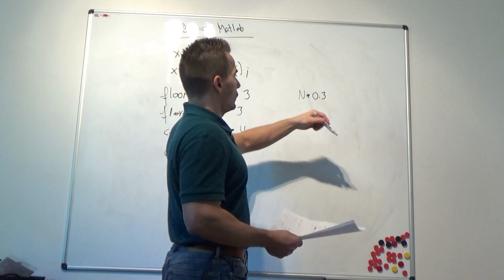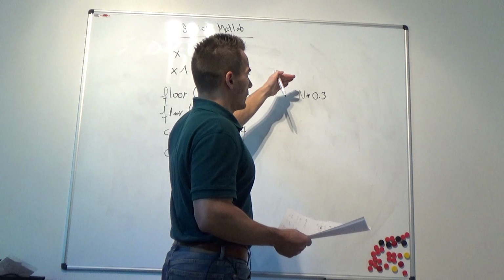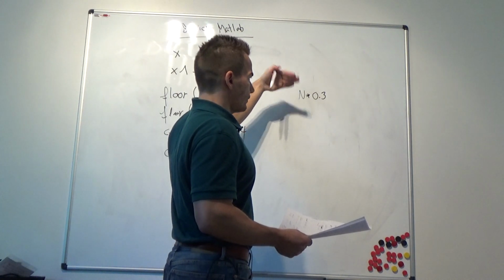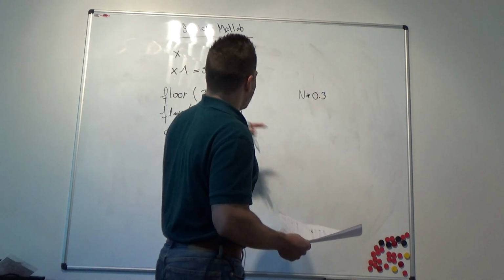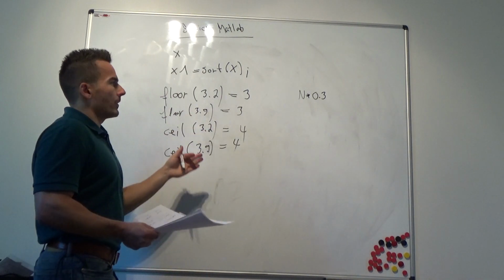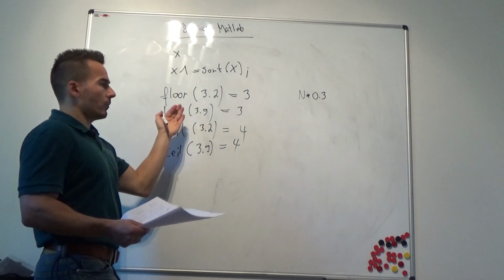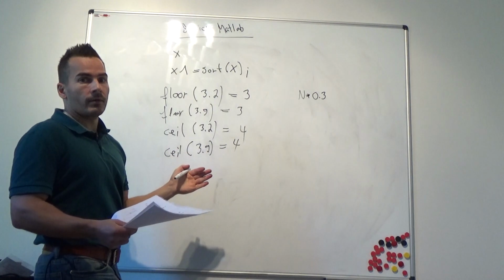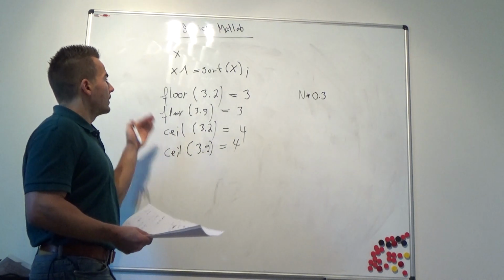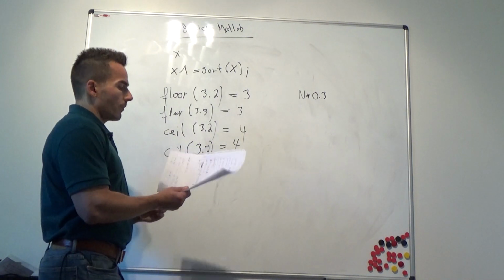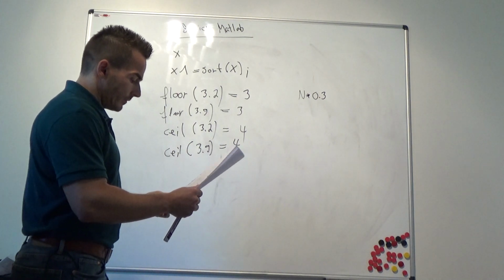And obviously we can round this number if it's not an even number. We have to somehow round it, and then we can determine whether we round it up or always round it down. So then we can use one of these commands for rounding numbers.